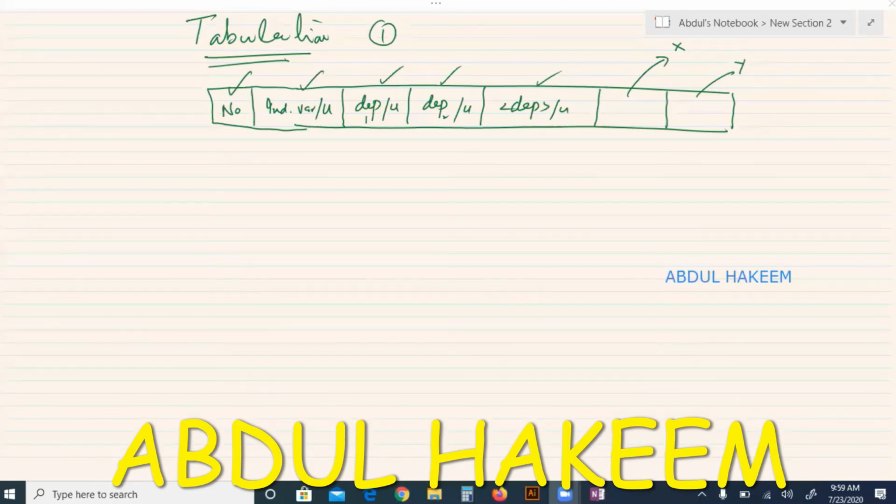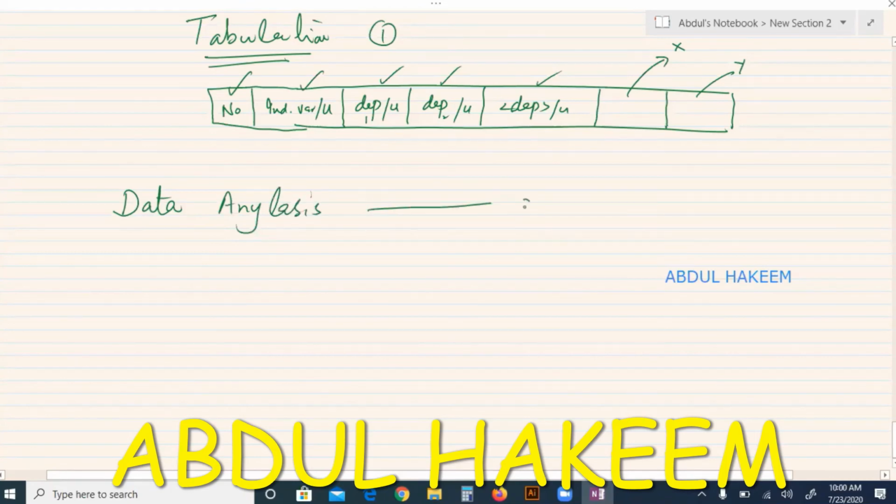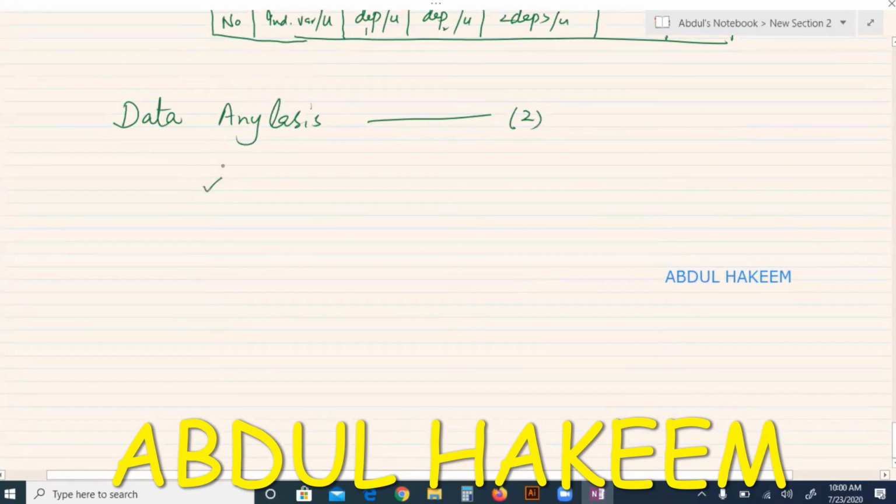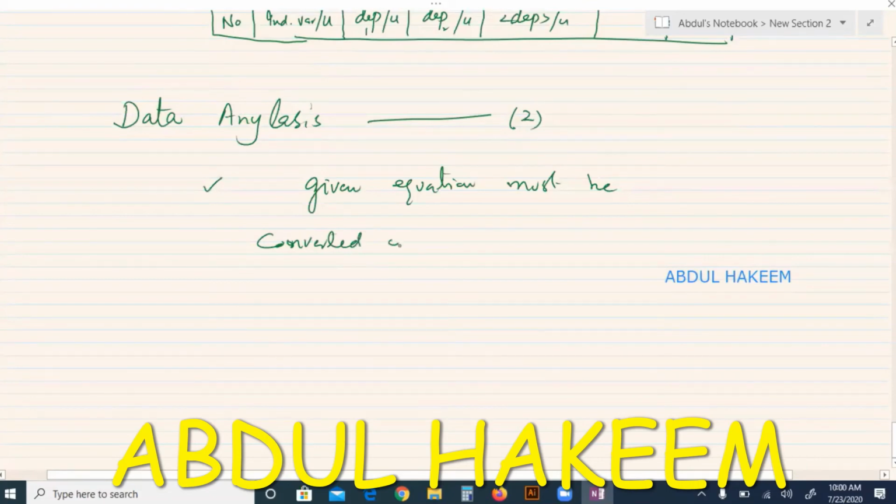Okay, after tabulation, the next heading will be data analysis. Usually 2 marks. So the first one is given equation must be converted into linear form.